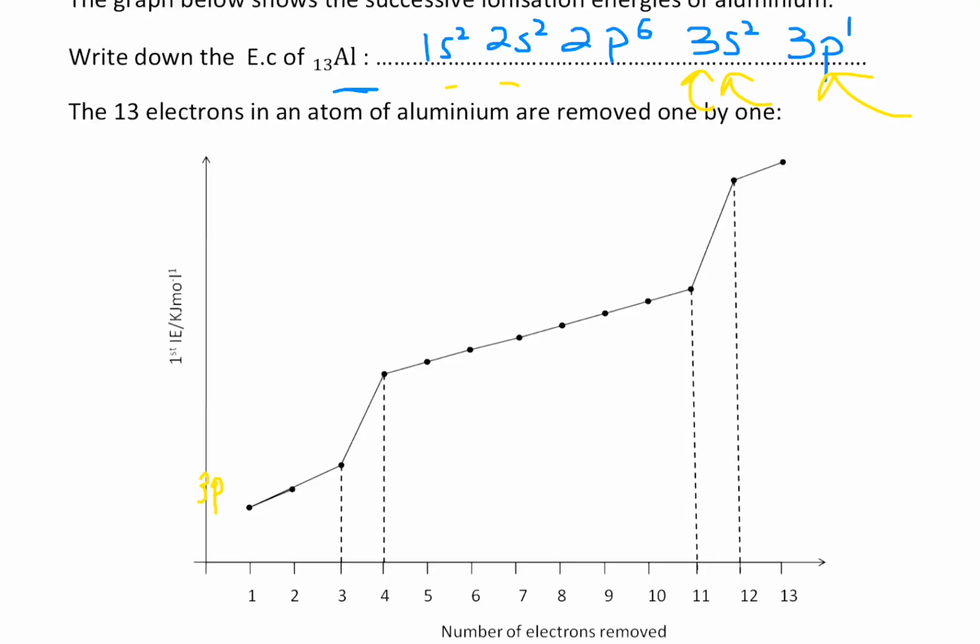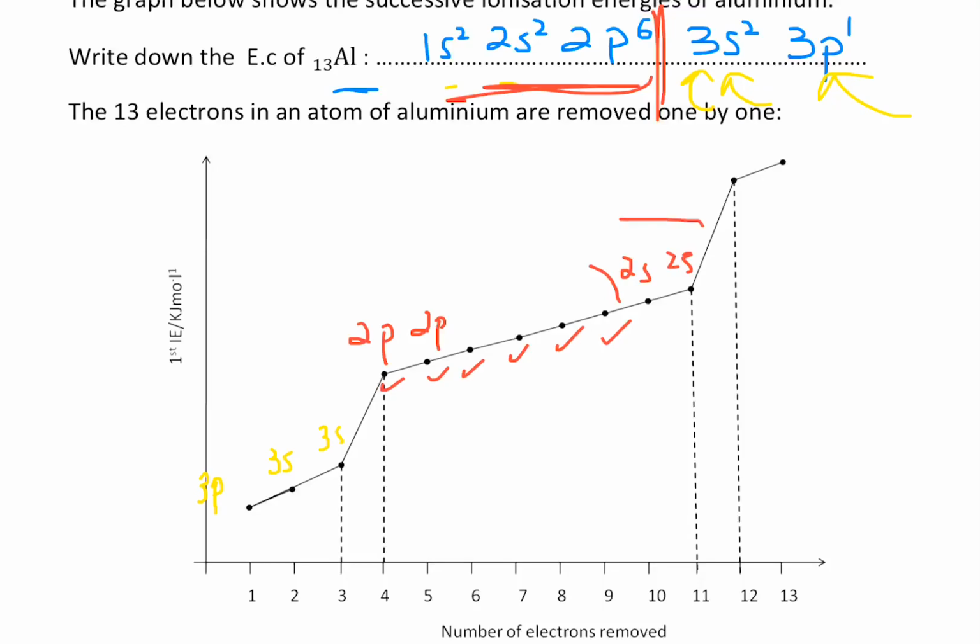Then you have one from the 3s which is removed, and from the 3s again, which is removed. Then the fourth electron is taken from an inner shell. So that's the inner shell here, from the 2p. So the 6 electrons that are going to be removed from the 2p: 1, 2, 3, 4, 5, 6. And then these are going to be from the 2s.